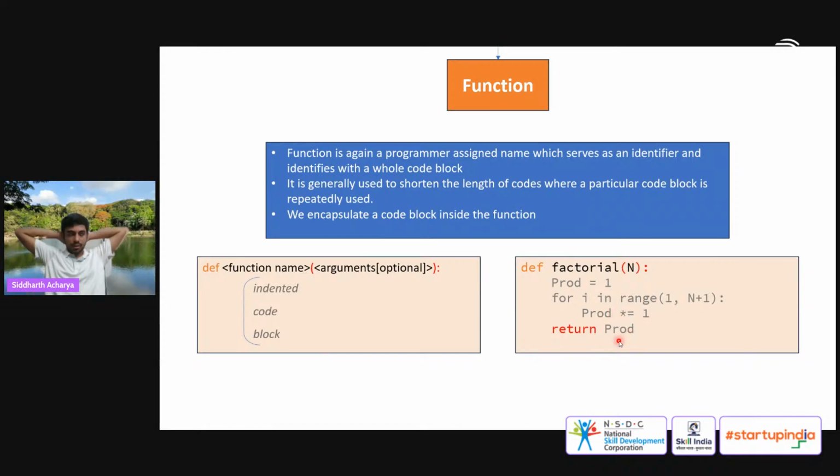So what I said is, let us say my code block had some output. Now I can simply display that output by using the print function. But then let us say I want to store that output in some variable. Python does not give us that much independence to store this prod in some random variable which can be used beyond the scope of this function.